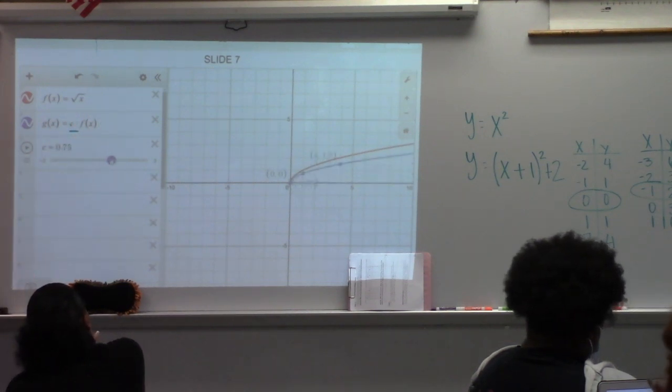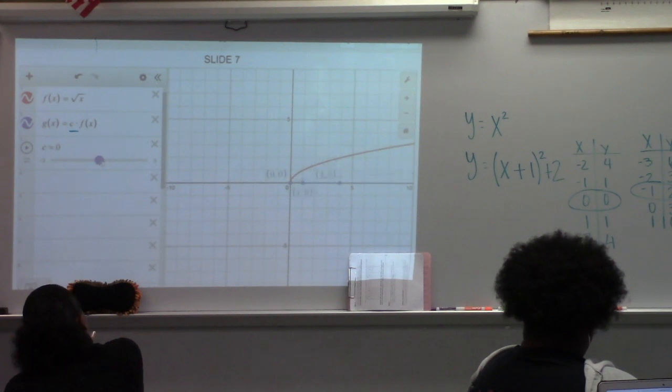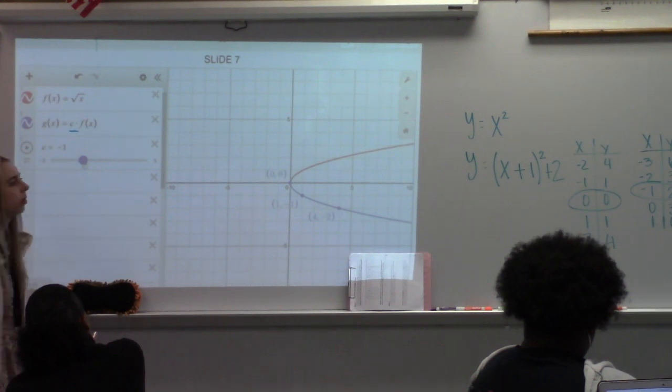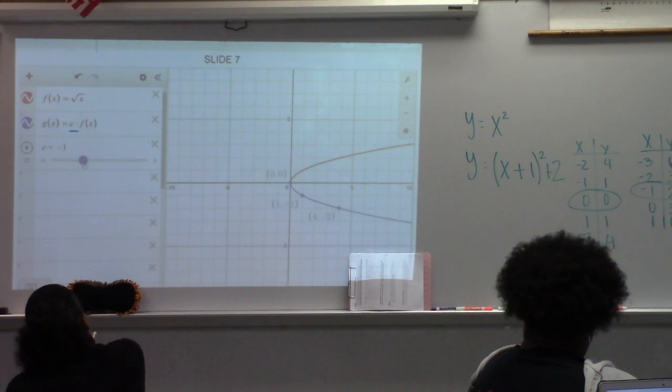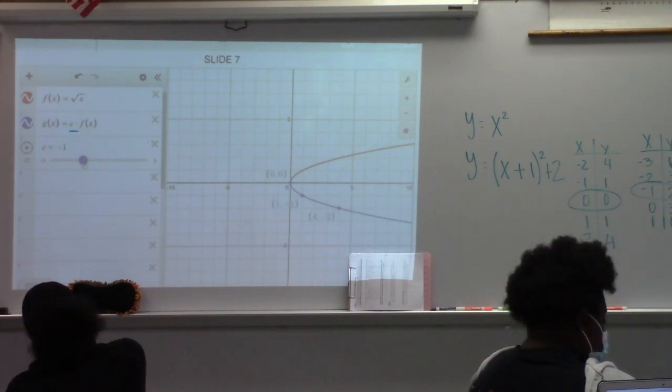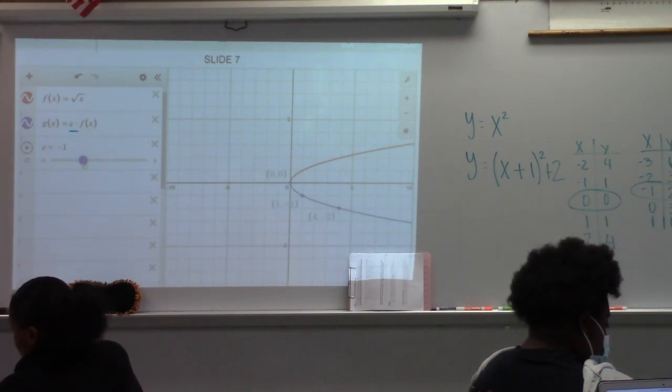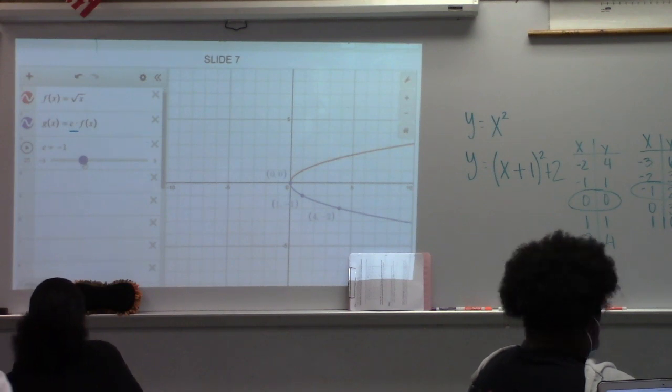Okay, so now we can look at whenever C, we're multiplying by something less than 0. What happens now? Reflection, by just multiplying by a -1. Okay, a reflection over which axis?